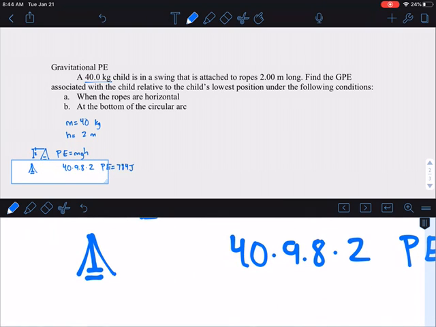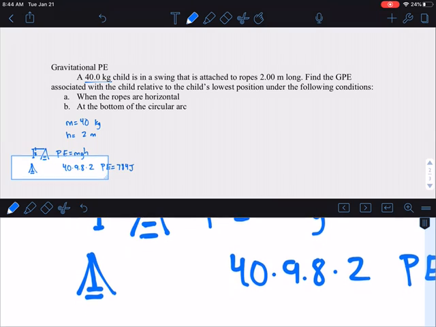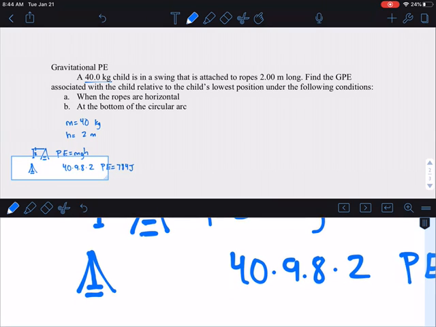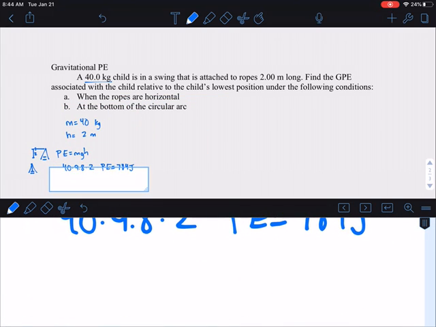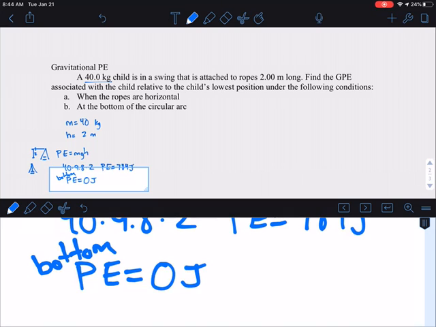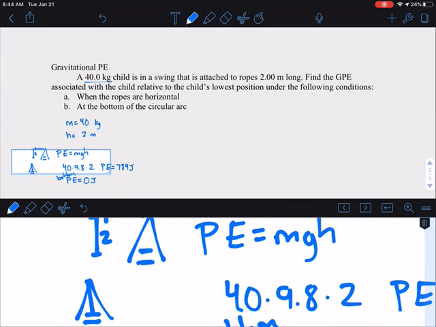We haven't really talked about the conservation of energy yet, but if you have all of your potential energy up here, it's going to be transformed into kinetic energy, and you're at your max kinetic energy at the bottom. So at the bottom of the circular arc, our potential energy is equal to 0, because all of our potential energy has been converted into kinetic energy at the bottom of the swing.